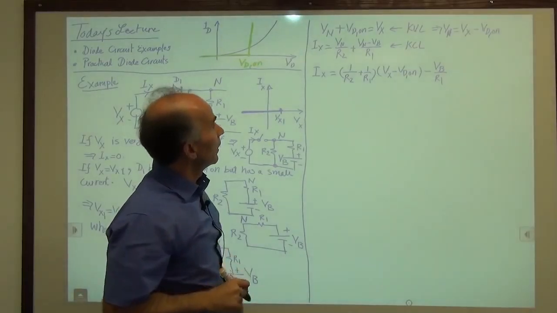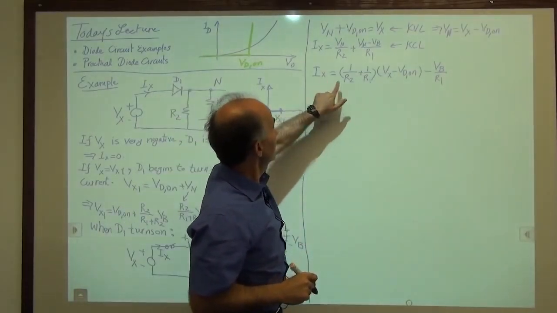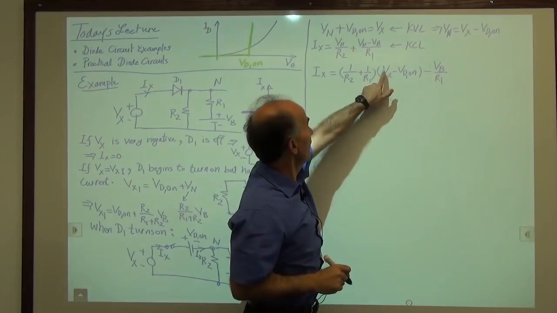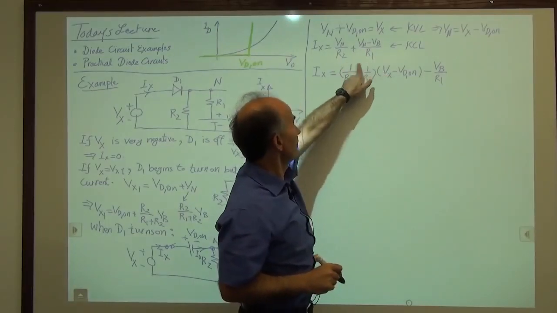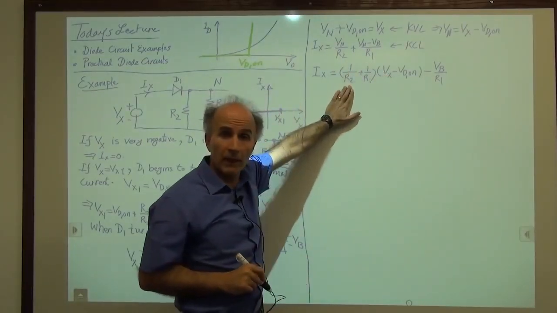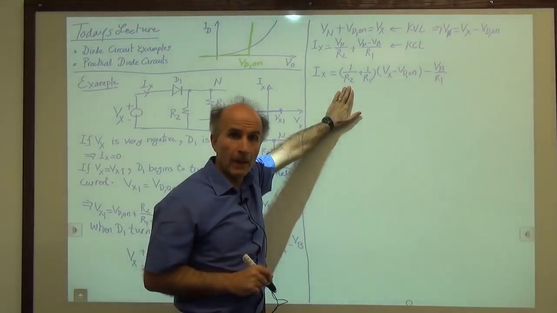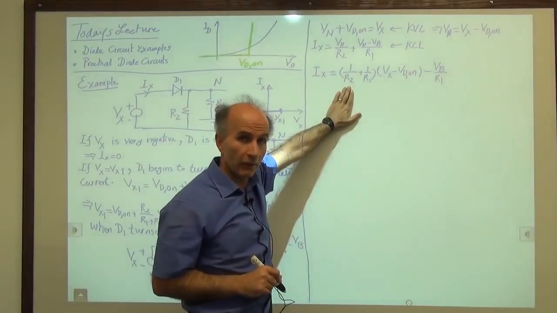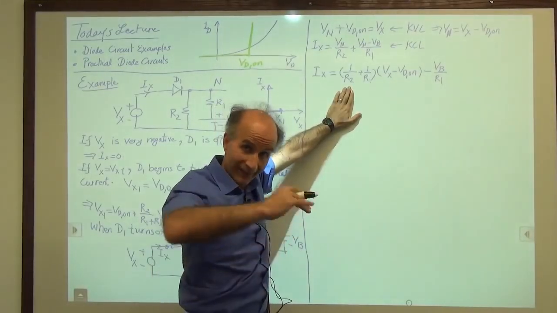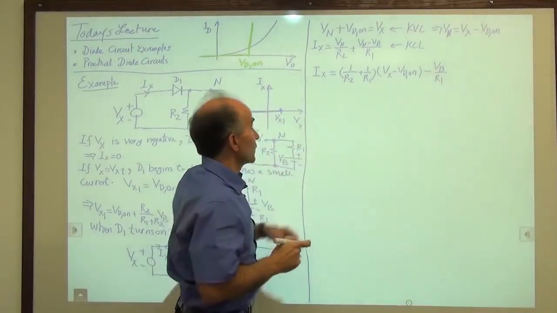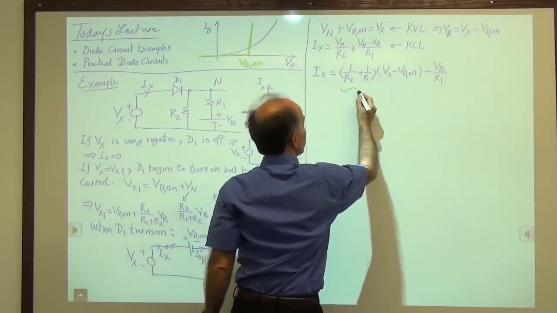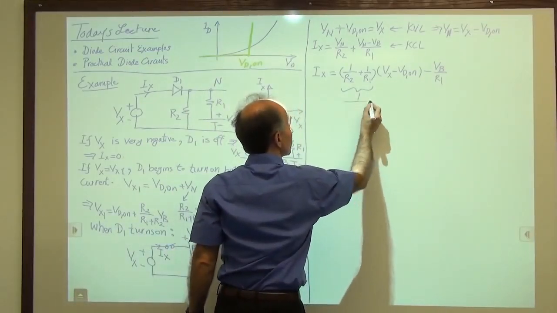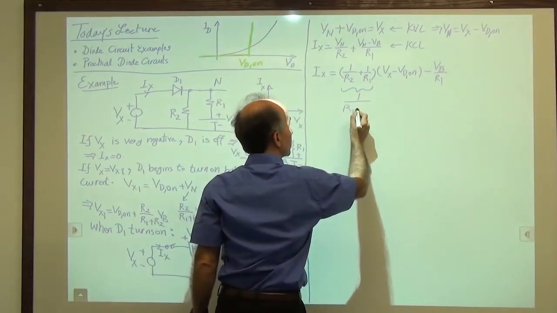Well, we see that the current is linearly proportional to Vx, and the coefficient is just this. Does this look familiar? This is the parallel combination of R1 and R2, but inverted. So this whole coefficient is really equal to 1 over R1 in parallel with R2.